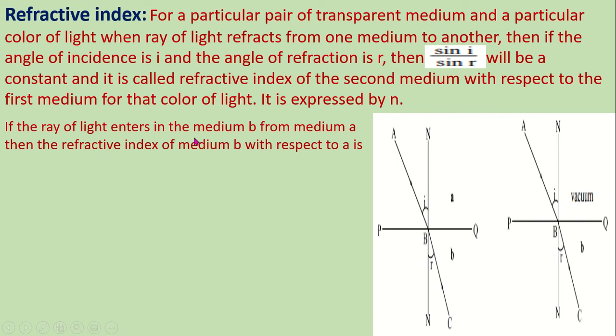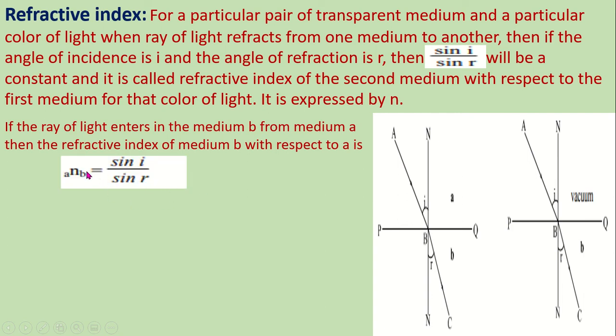If the ray of light enters medium B from medium A, then the refractive index of medium B with respect to A. Look here, light is entering from medium A to B.